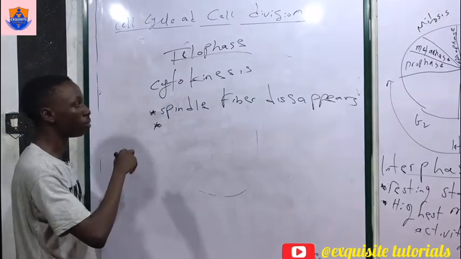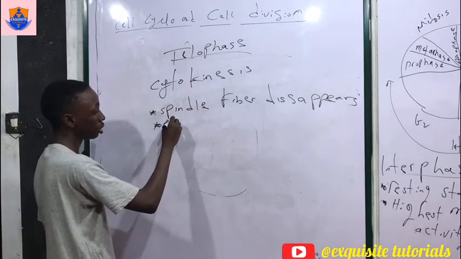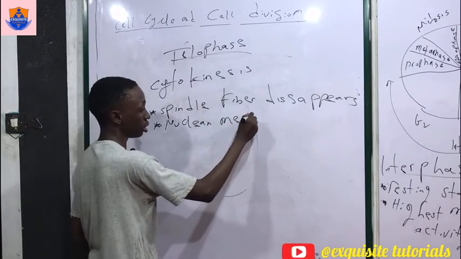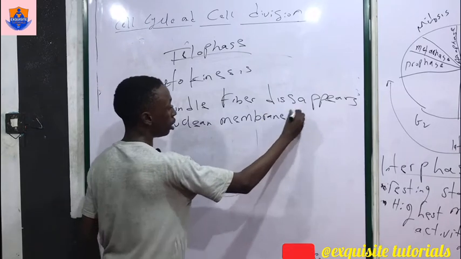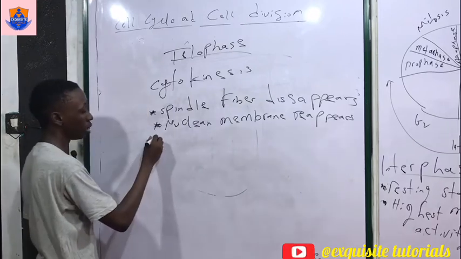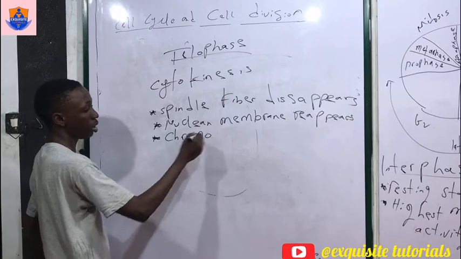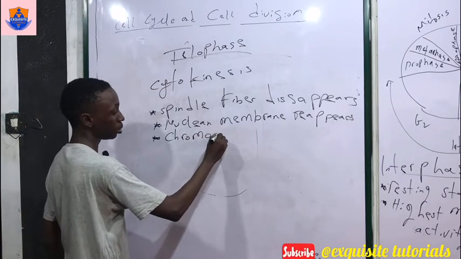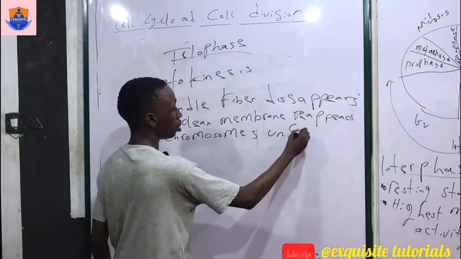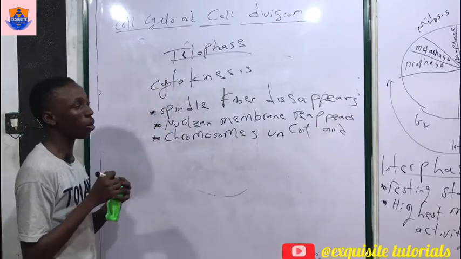Once the spindle fibers disappear, the organelles that were once dissolved come back. That is, we start seeing the nuclear envelope, the nuclear membrane, reappear, and then we see the chromosomes uncoil.